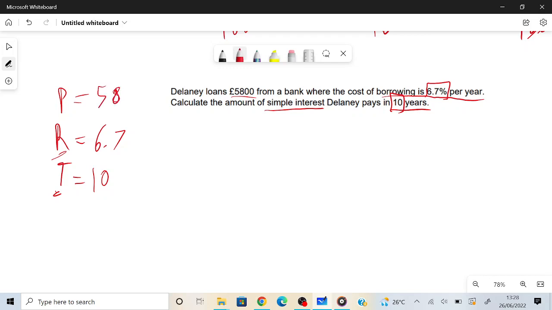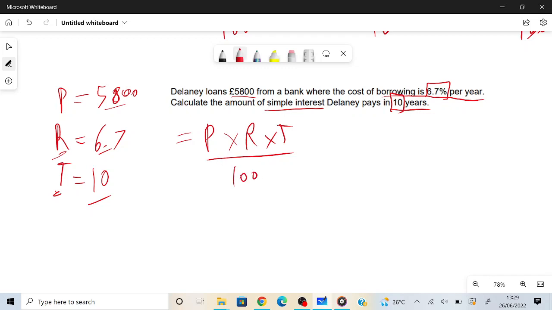So you can see that simple interest works both ways, while depositing money and while borrowing money rather. So for using your formula, we know we have P times R times T over 100.